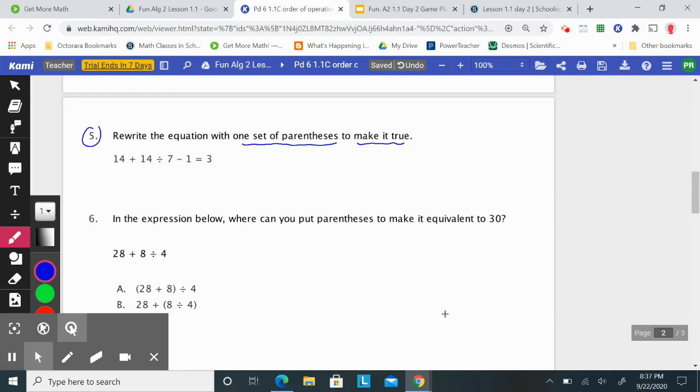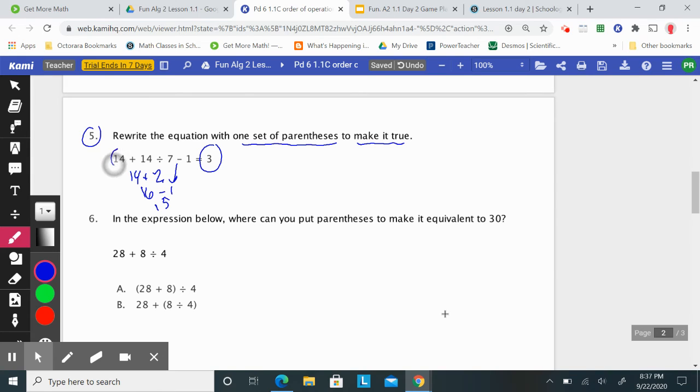If you follow the order of operations the way it is now, you do the division first. You would add next, 14 plus 2 is 16, and then subtract 1 last and get 15. But we want the left side to be equal to the right side of 3. So I don't want to do the 14 divided by 7 first.